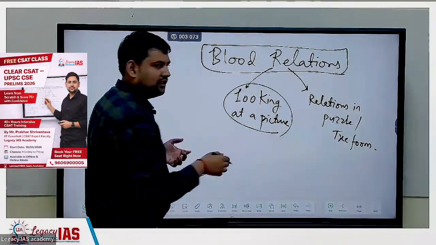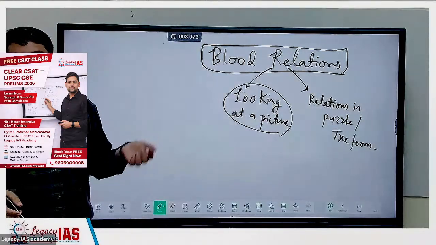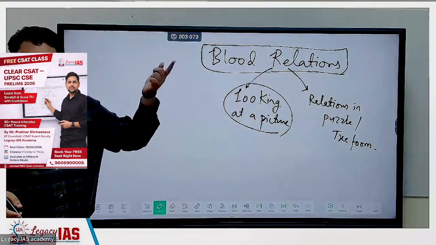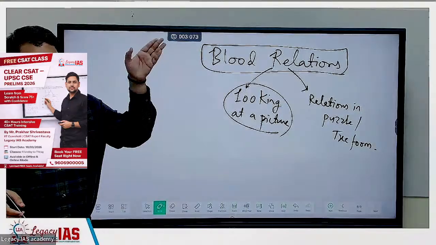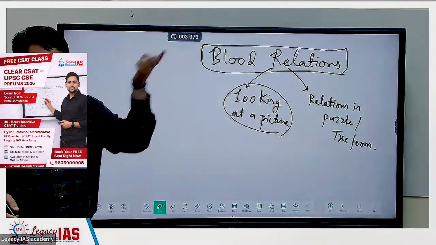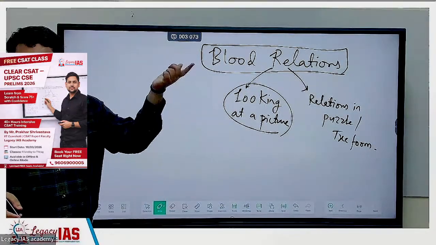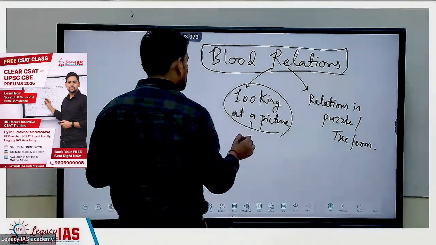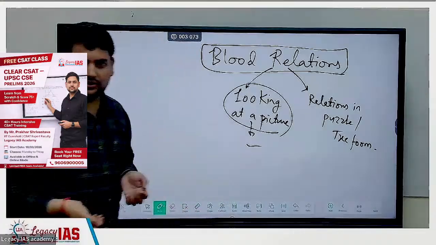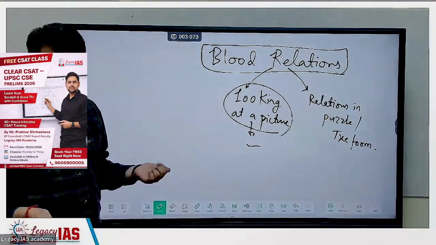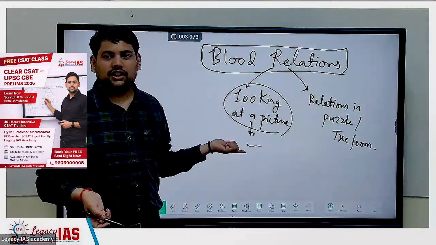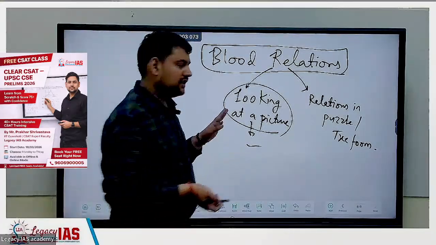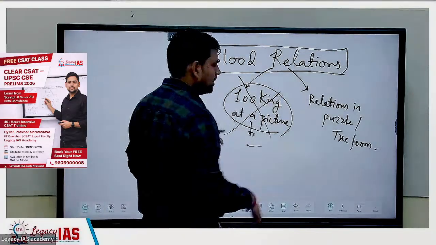Looking at a picture, Ram says that she is the mother of my father's, my grandmother's daughter. How is Ram related to the girl in the picture? These kinds of questions regularly appear in all kinds of exams. UPSC's focus is not on this. So the first thing is you need not focus much on this.